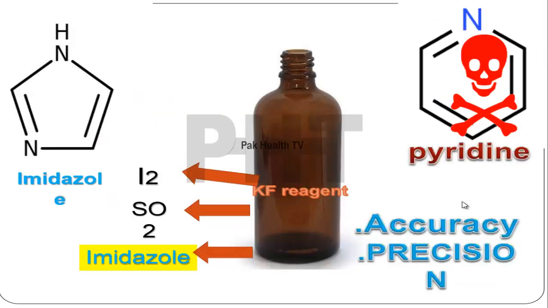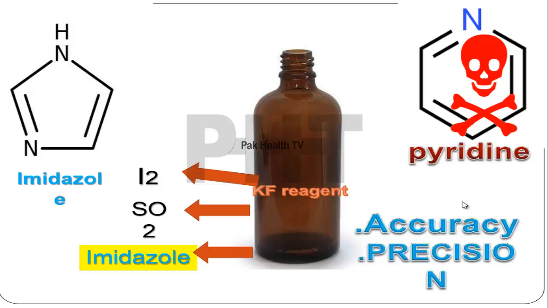Now we move toward what is Karl Fischer reagent and how this is made. At first, Karl Fischer reagent was prepared by pyridine, iodine, and sulfur dioxide.